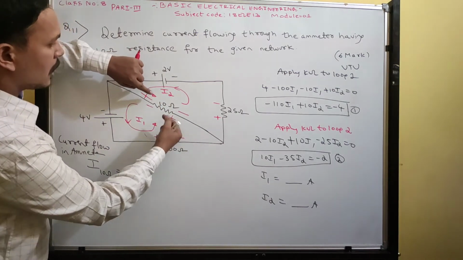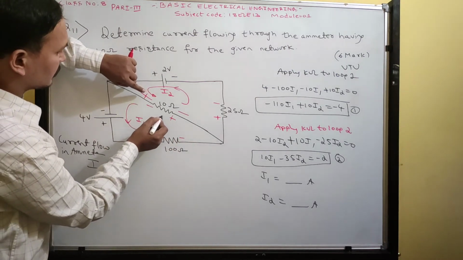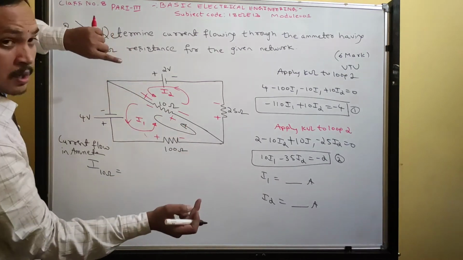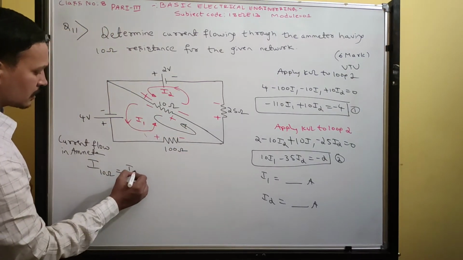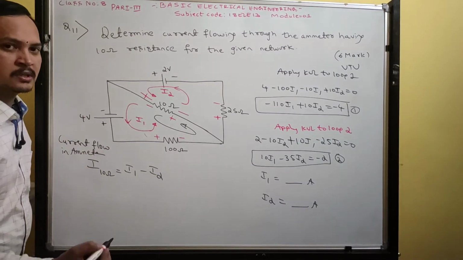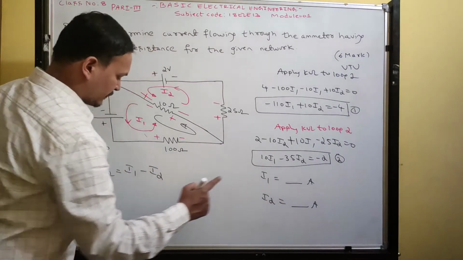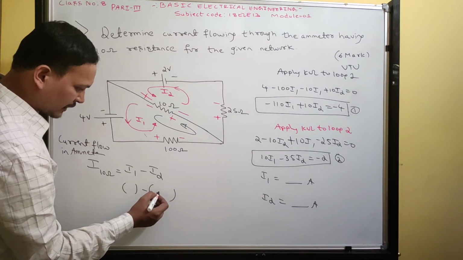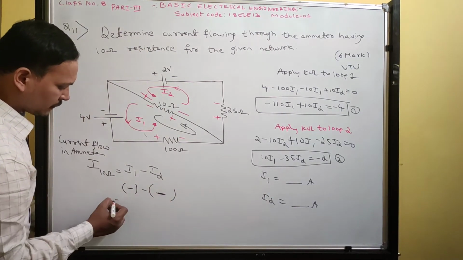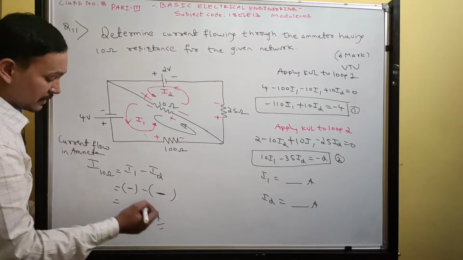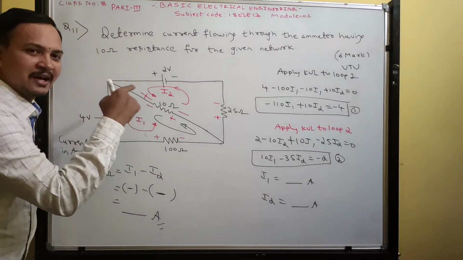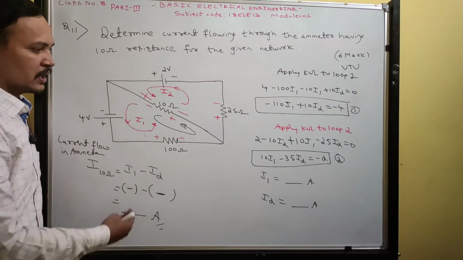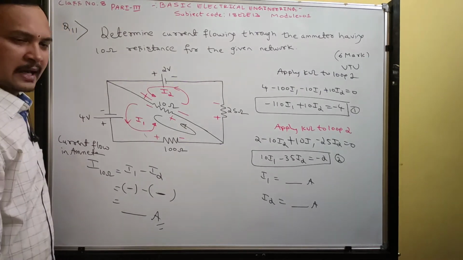Both the arrow marks are opposing each other. Therefore, you should take I1 minus I2. Opposite means negative sign. Enter the I1 value you get here, minus the I2 value you get. Then simplify and you will get the final answer, that is the current flowing through the ammeter, this many amperes. You can do it on your own calculator.